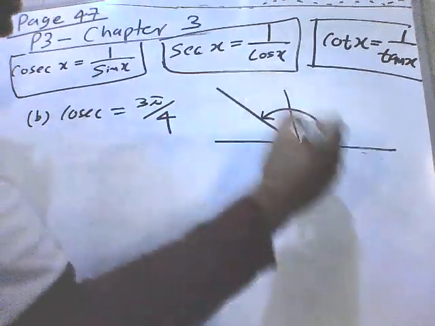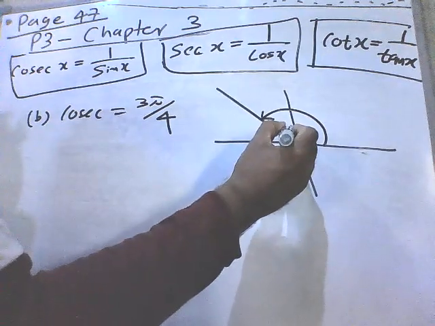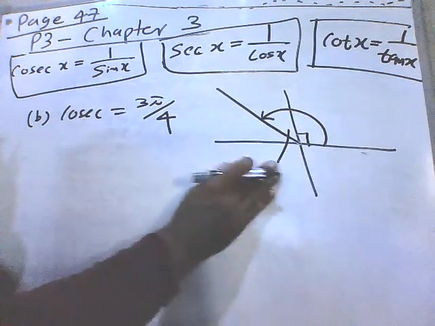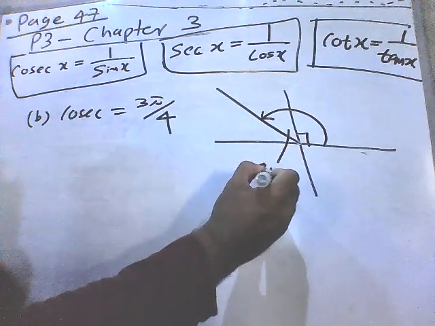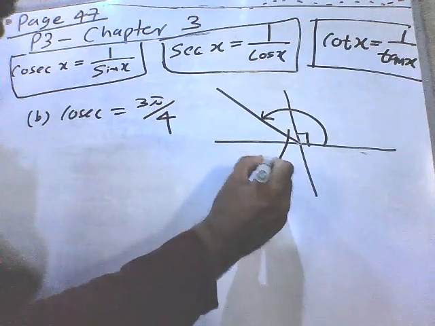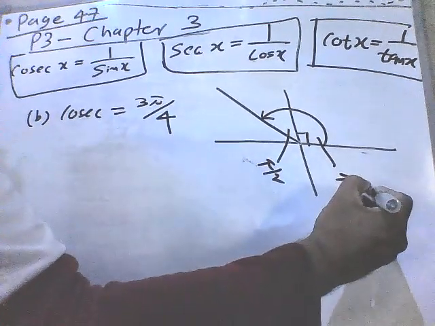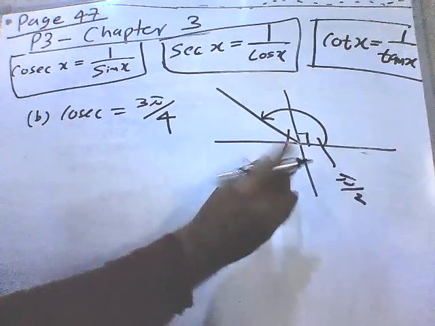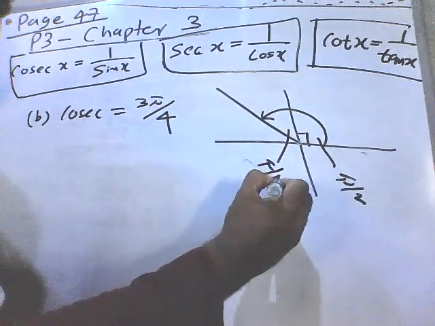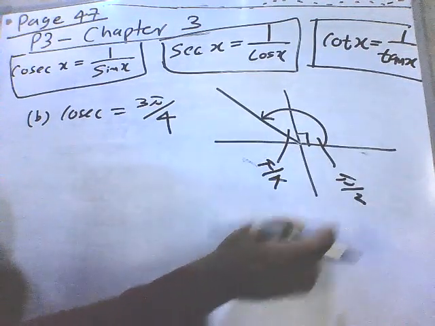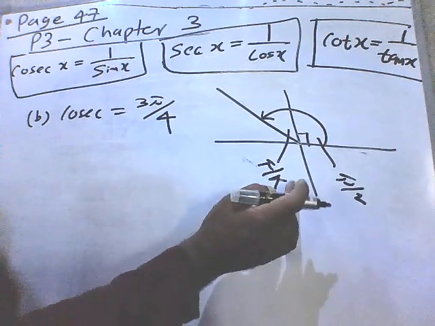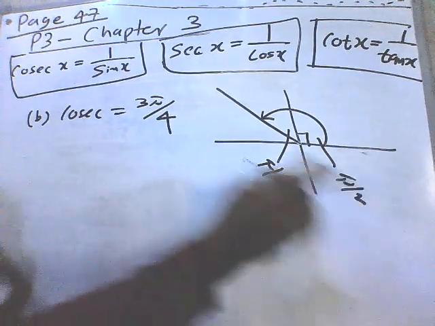So here we can say this is 90 and this is 45. We will write it like this: this is pi over 2, and this is pi over 4, half of pi over 2. Then if we add this up, we get 3 pi over 4.